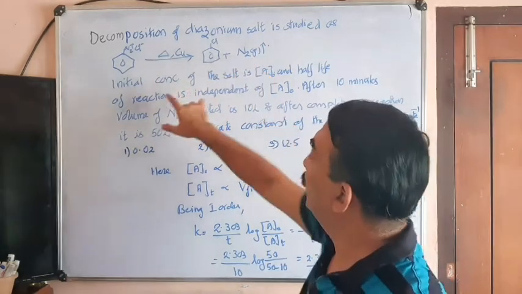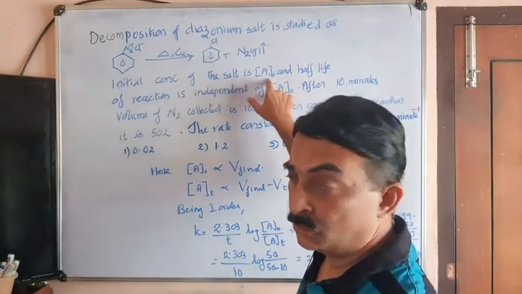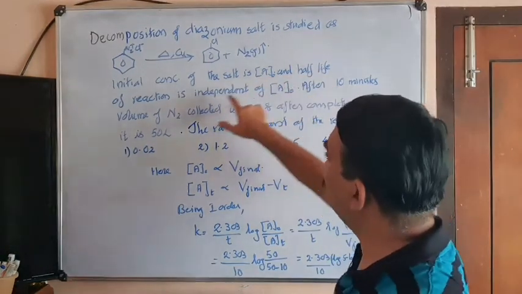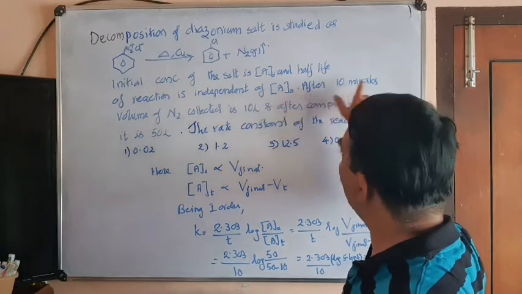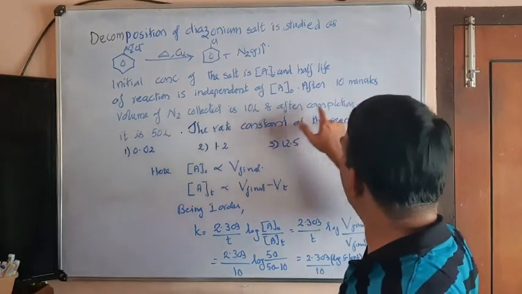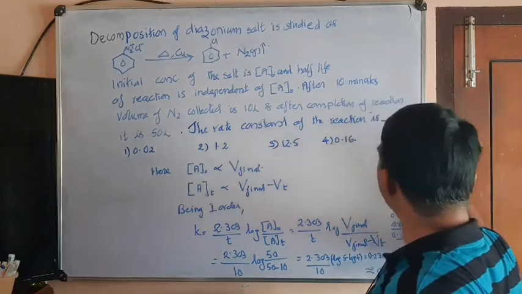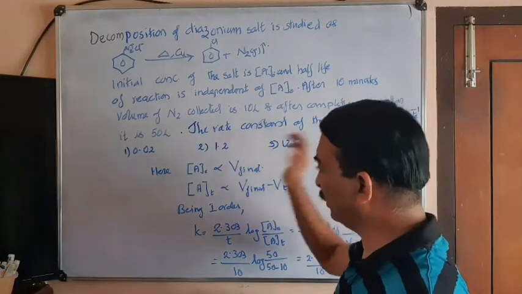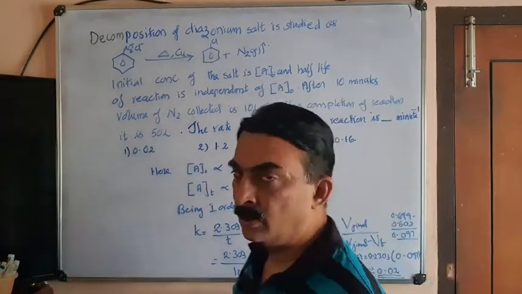Initial concentration of salt is [A0] and the half-life of the reaction is independent of initial concentration. After 10 minutes, the volume of nitrogen collected is 10 liter and after completion of the reaction it is 50 liter. The rate constant of the reaction is dash per minute: 0.02, 1.2, 12.5, 0.16.